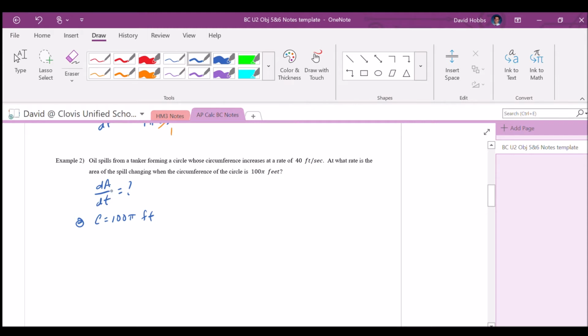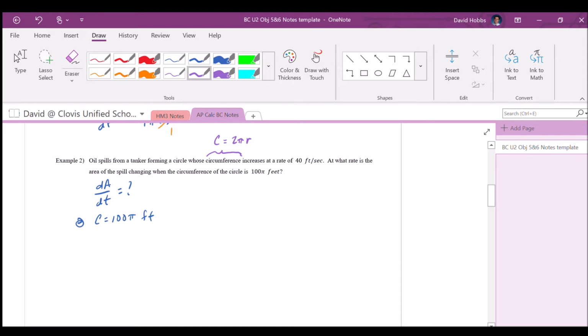So ultimately, since we want dA/dt, we're going to have an area formula going. Oil spills from a tanker, circumference, distance around a circle. Okay, so circumference, we could do pi times diameter, but usually you want to think radius. So circumference is 2 pi times the radius.